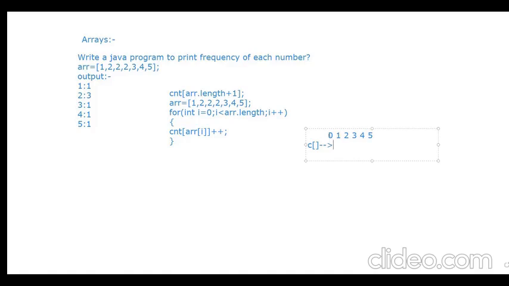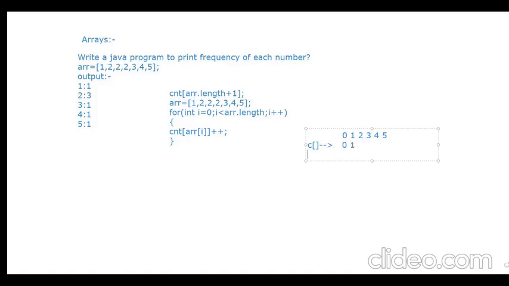There is no 0 in the original array, so the count for 0 is 0. Here there is 1, so the count for this is 1.